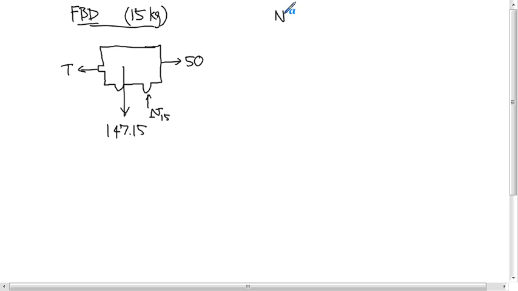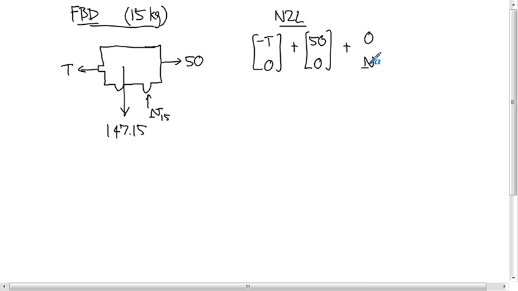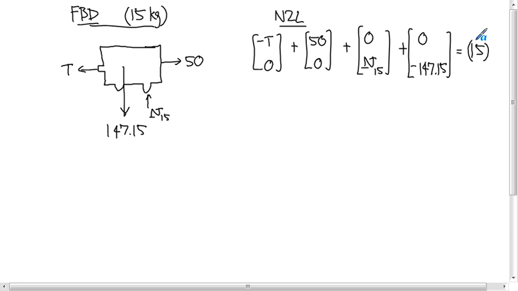And now Newton's second law says negative T, 0, plus 50, 0, plus 0, N15, plus 0, negative 147.15, is equal to the mass, that's 15, times the acceleration of that object.